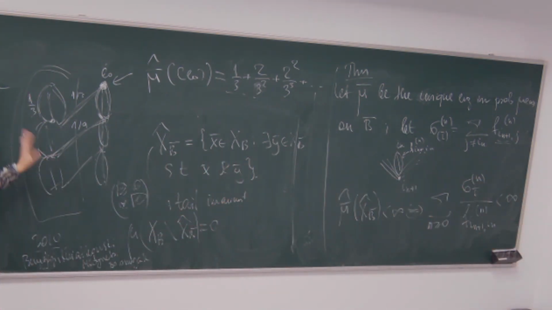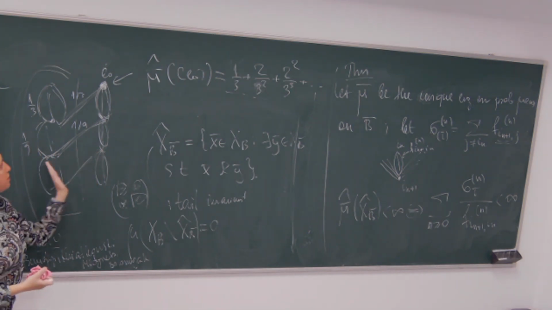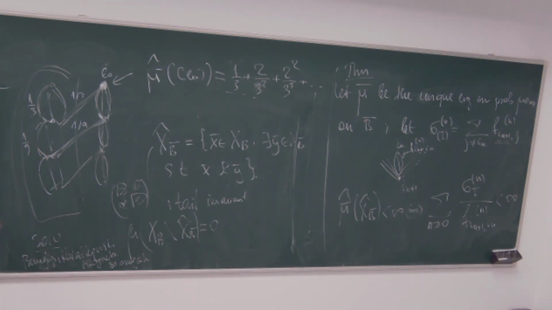It follows from similar considerations. Maybe I will write the formula later if we have time. So in particular you need that this number f In plus 1 In converges to infinity.